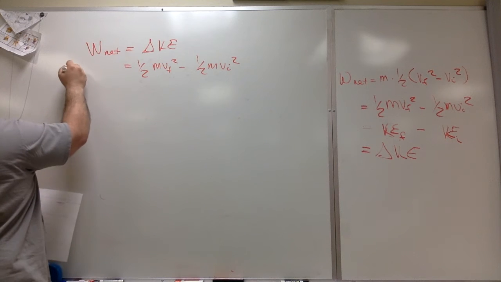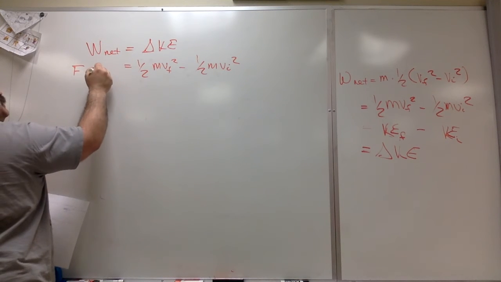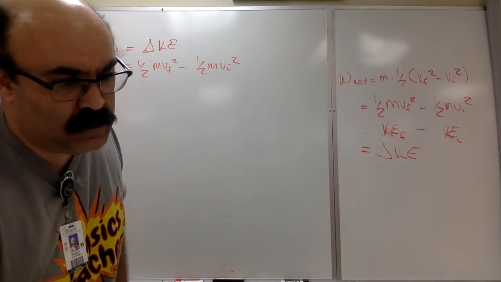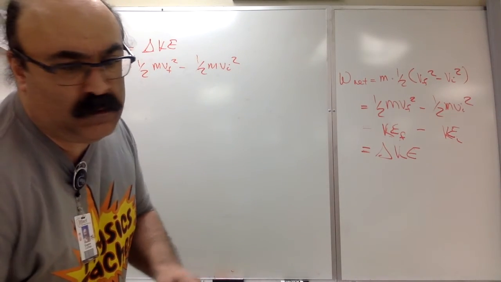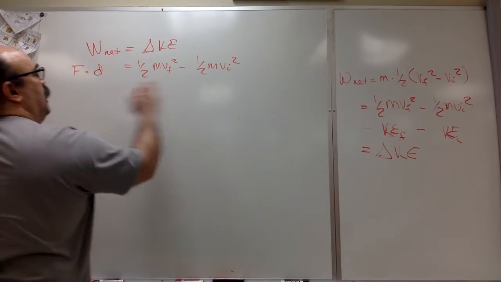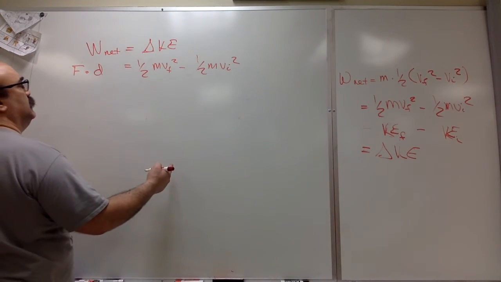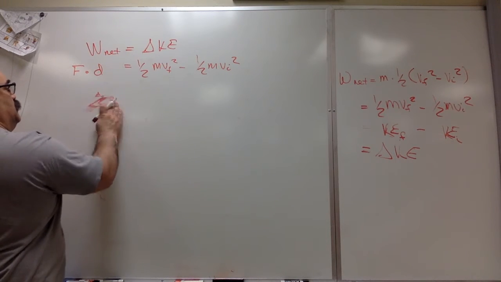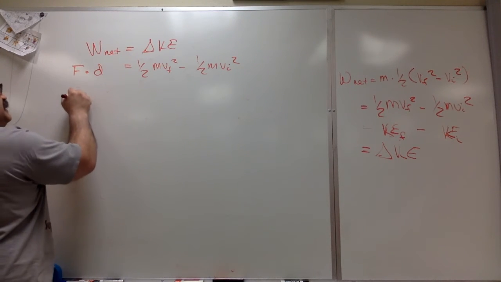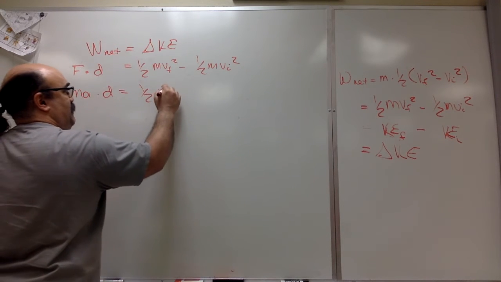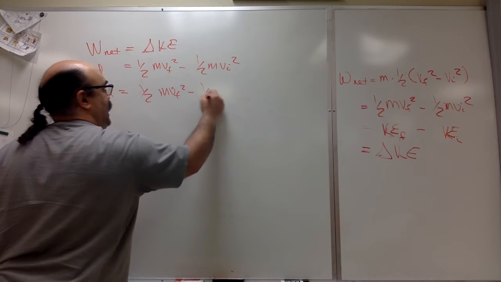Well, isn't this simply force times distance? Just want to make sure that I know where I'm going here. To solve for any of these things, if I want to solve for the distance covered, one more step. We have a mass and an acceleration here, times d equals 1/2 m v sub f squared minus 1/2 m v sub i squared.